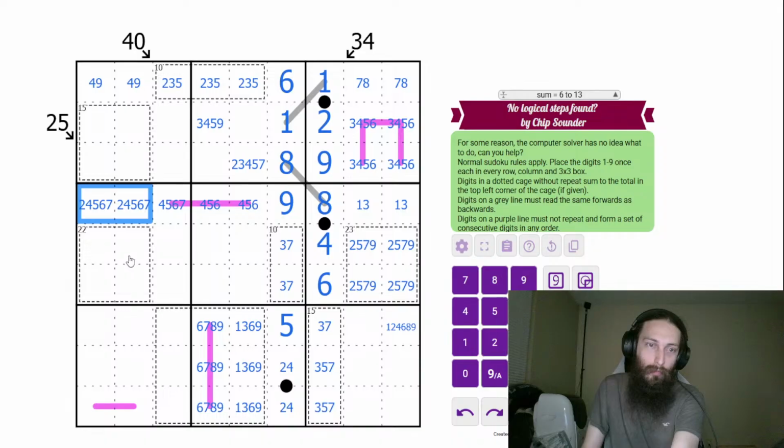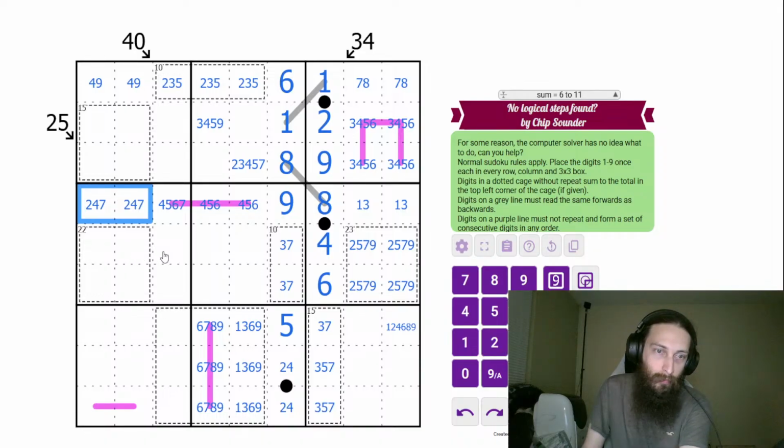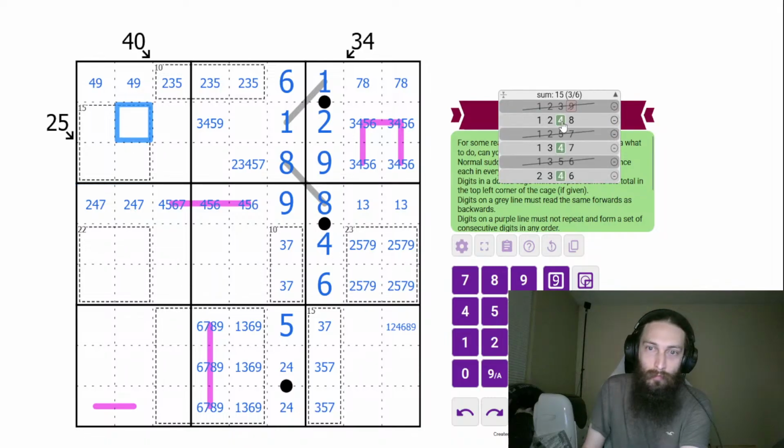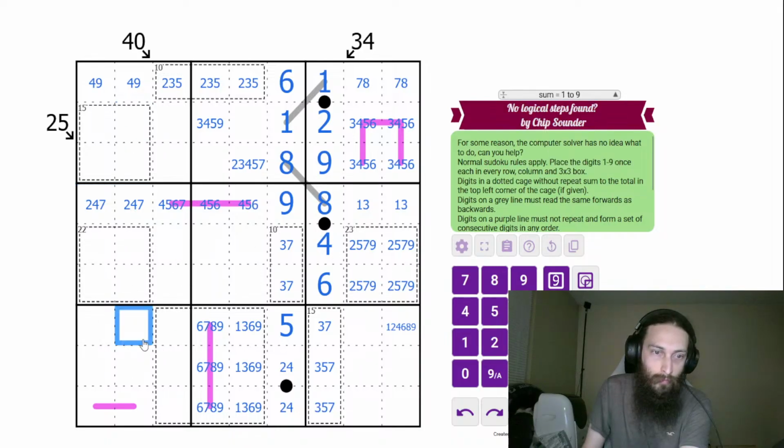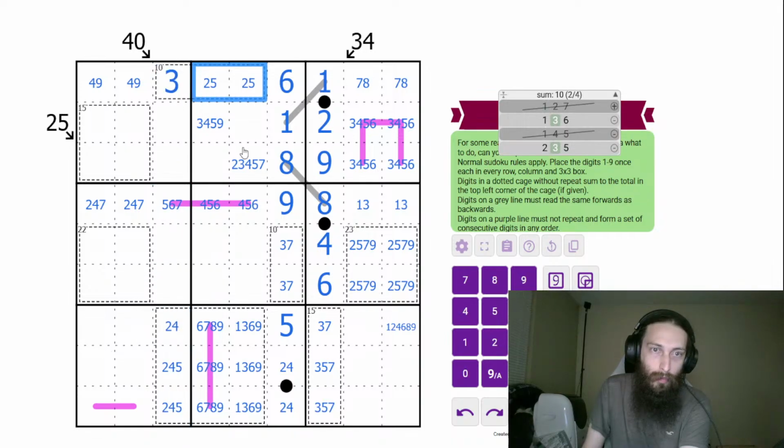8, 9, 1 and 3, 5 and 6. Well, and in box 7, the beginning of that cage is 2, 4, 5. 4, 5, 2, 3.